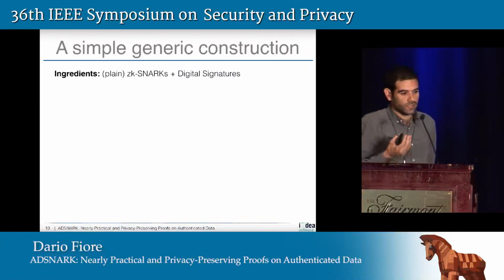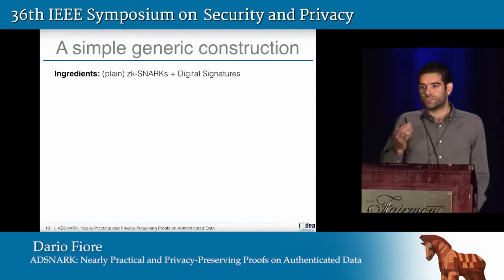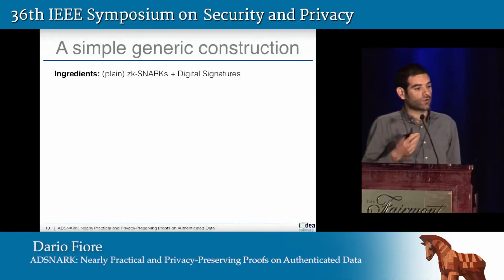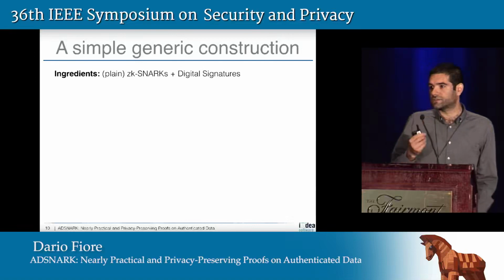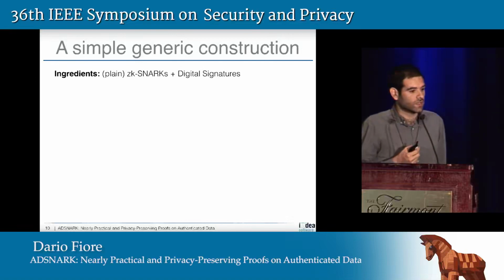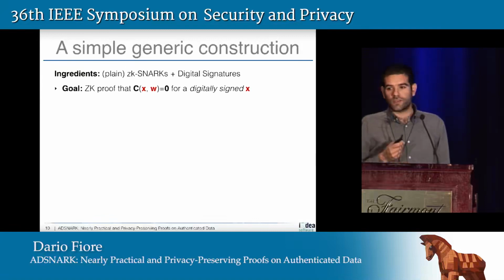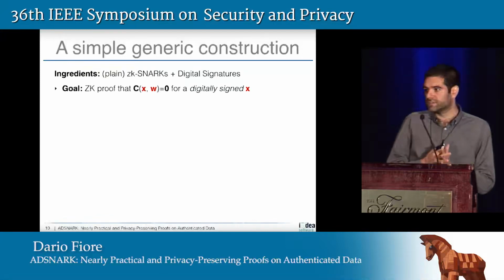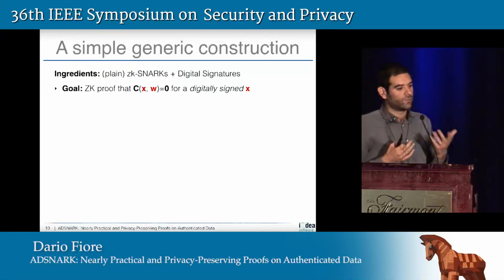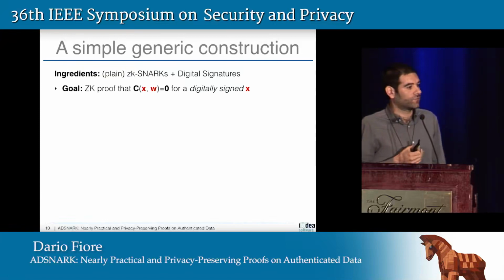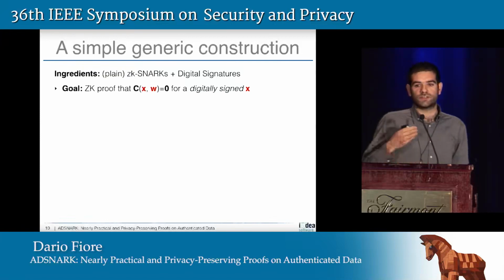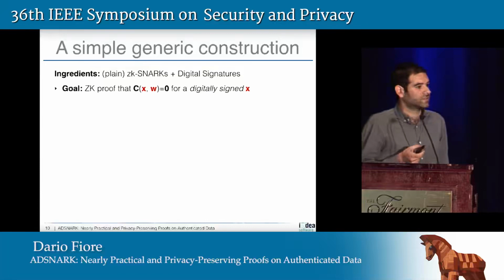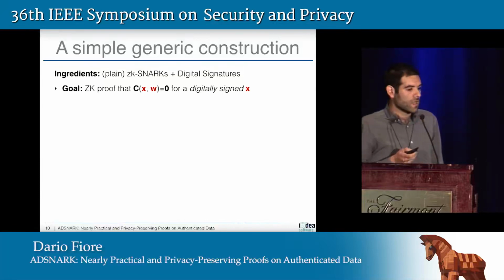So what is the main idea? The idea of the generic construction is very simple. What we're going to use is a zero-knowledge SNARK, so we can make zero-knowledge proofs that are succinct, and a digital signature. Using this, what we want to prove is arithmetic circuit satisfiability. We want to prove that this circuit C is satisfied for some statement X and witness W, and X is what is digitally signed.